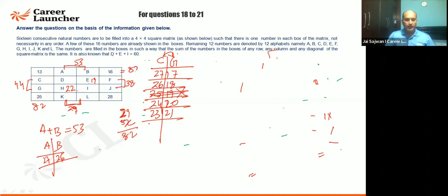Is it fine? 82 is the value coming out. 82 mein se aapne 29 is what you subtracted. So it is coming out to be 53 is the summation. Can I say 27, 26 are the only values which are coming here? So I'll say, okay, A and B can be 27, 26 or 26, 27. No other values can come there because 26, 27 are very large values.